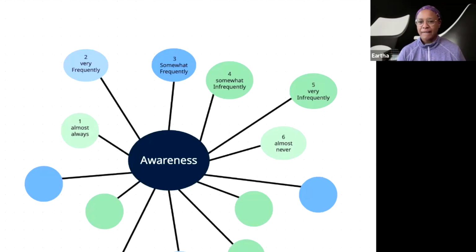And then on your paper, you're going to write down, if you don't mind, the responses, either 1, 2, 3, 4, 5, or 6. 1 meaning almost always, 2 meaning very frequently, 3 meaning somewhat frequently, 4 somewhat infrequently, 5 very infrequently, and 6 almost never.